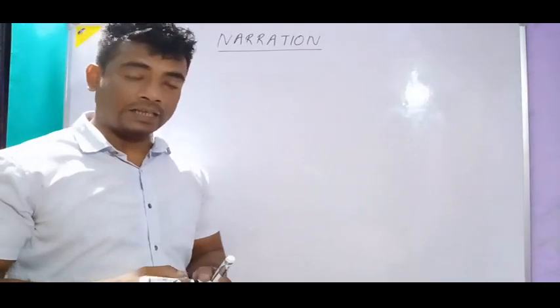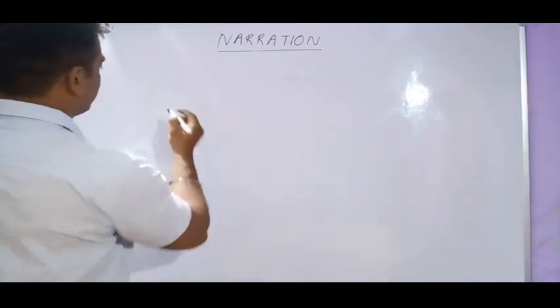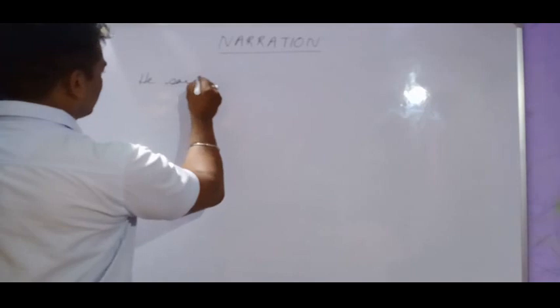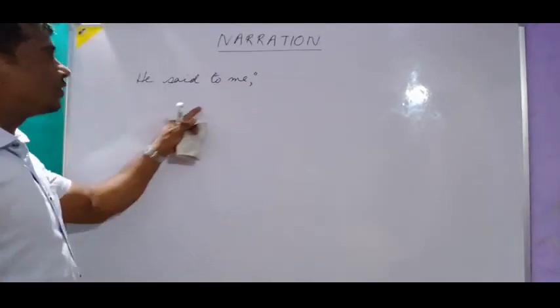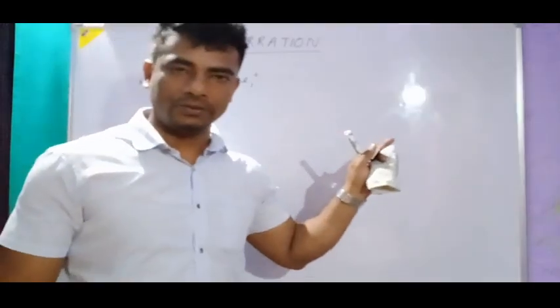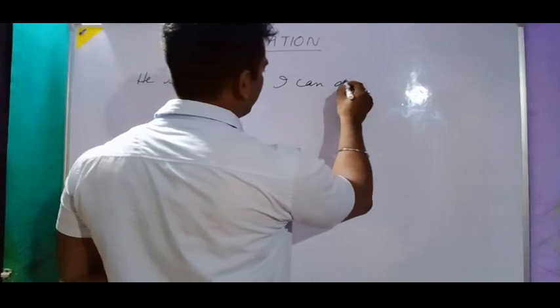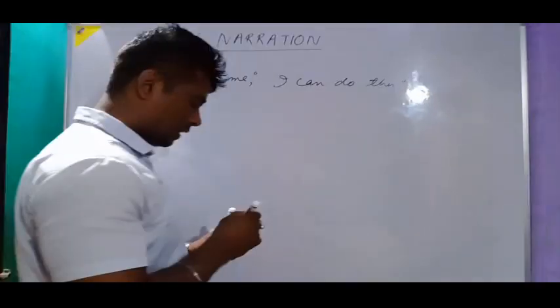In the previous sentence, I wrote, he said he can do it. Oh, sorry, I can do it. Same sentence I am writing. But this time, he said to me. The agent to whom it is told is written here, I can do this. Okay.